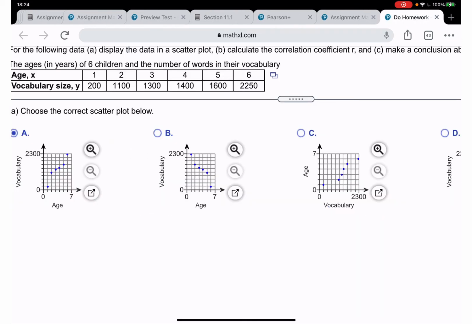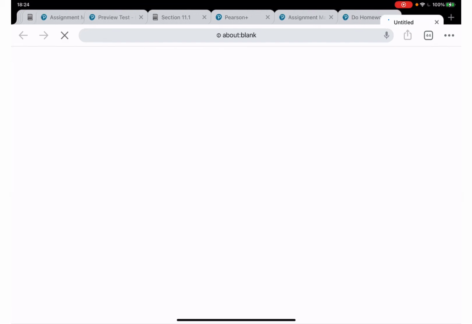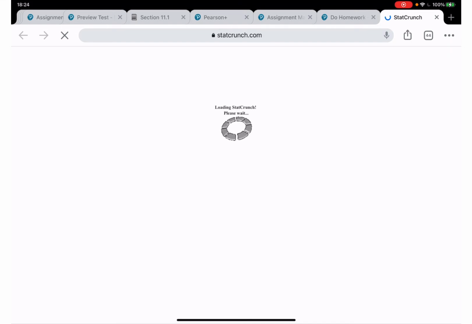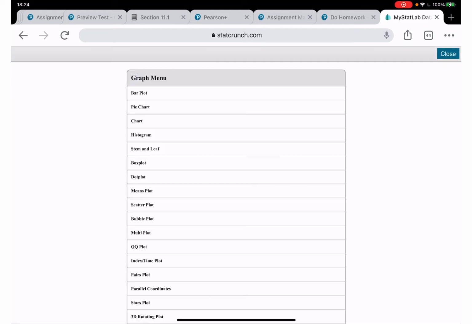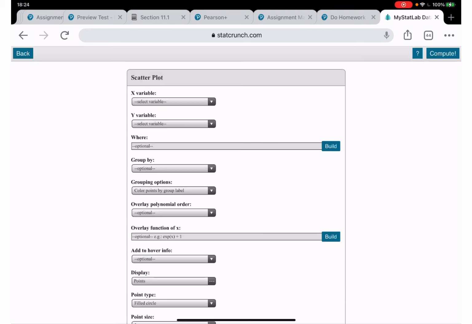First time it always hits the error. Second time it goes, I don't know what it is. All right, so we have age, we have vocabulary, x is independent, y is dependent, vocabulary. So we are choosing graph. And where is my scatter plot? Here is scatter plot.